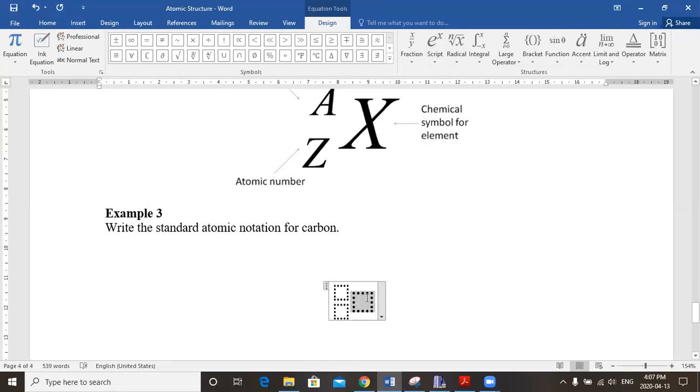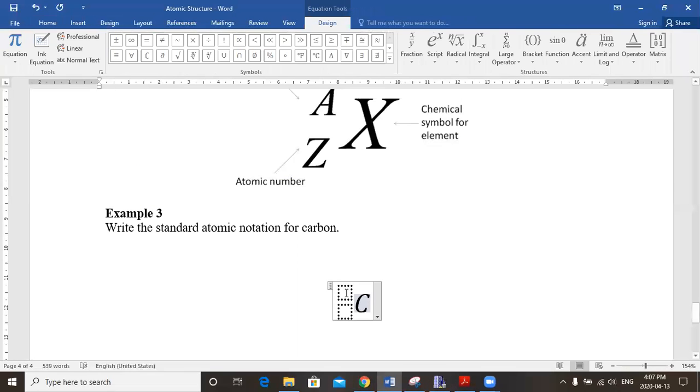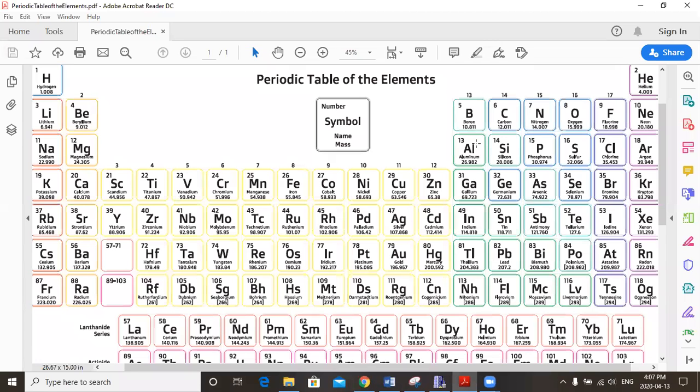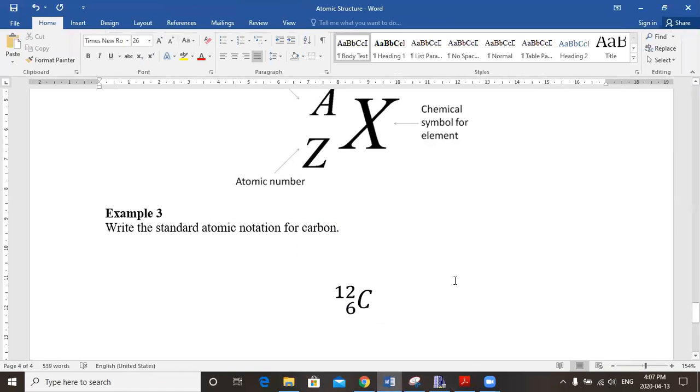We would put the atomic symbol for carbon, which is capital C. Again, we look on our periodic table and find carbon. Its mass number is 12.011, so 12. And its atomic number, of course, is 6, which goes on the bottom. So that would be the standard atomic notation for carbon.